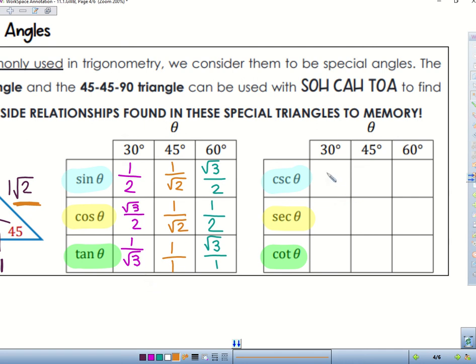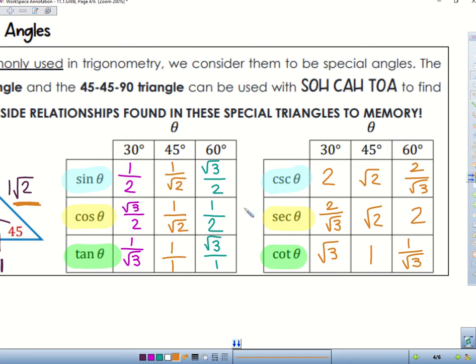What's the reciprocal of 1/2? 2 over 1, which is just 2. And then we have 2 over radical 3. The reciprocal of 1 is just 1. This is radical 2, 2 over radical 3, 2, and 1 over radical 3. So you see how I just took each box and flipped the fraction. Everybody see how I got that?